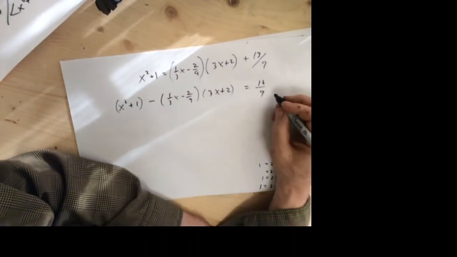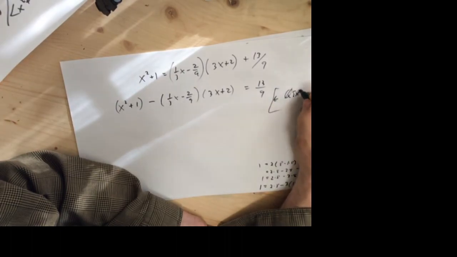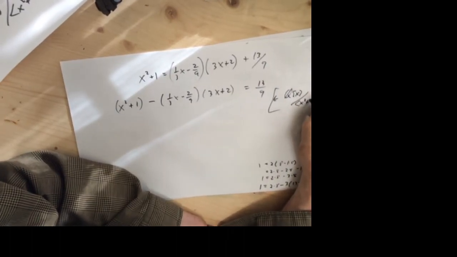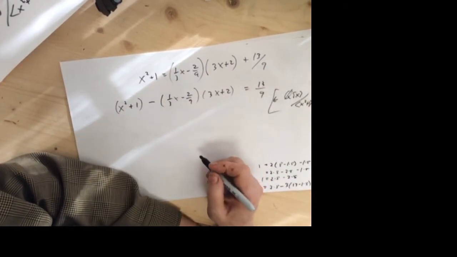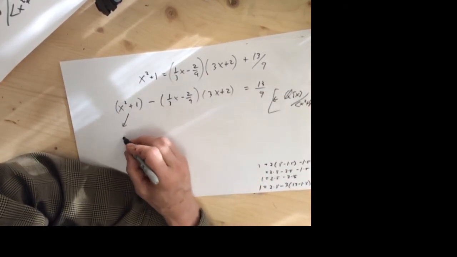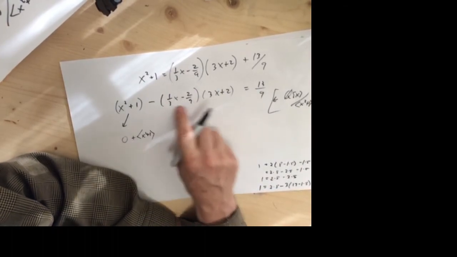Now, if I want to read this in Q square bracket x mod x squared plus 1, it's like putting a bar on this. Well, this will become 0 plus x squared plus 1 because it sucks in.